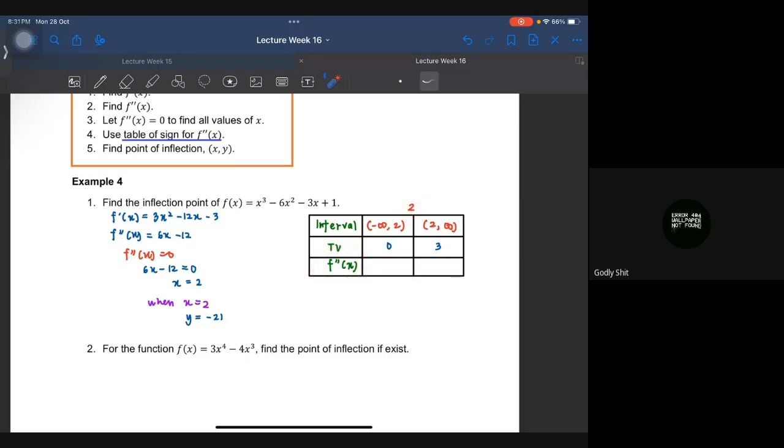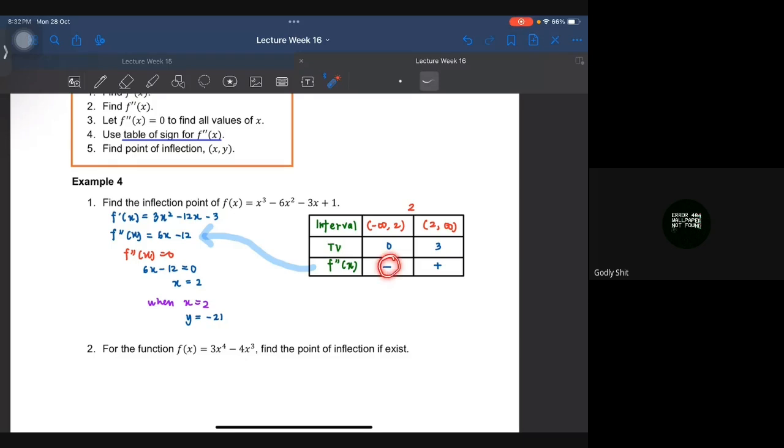Right. So bila masukkan 0, substitute into your second derivative. Okay, second derivative is here. So kita akan dapat negative value. And then when substitute value of 3, so awak akan dapat positive value. So nampaklah dekat sini kita punya concavity change in sign.